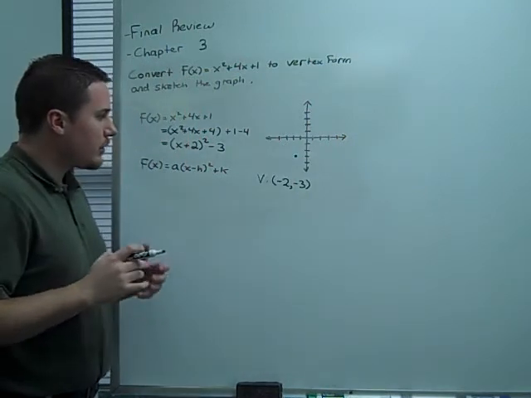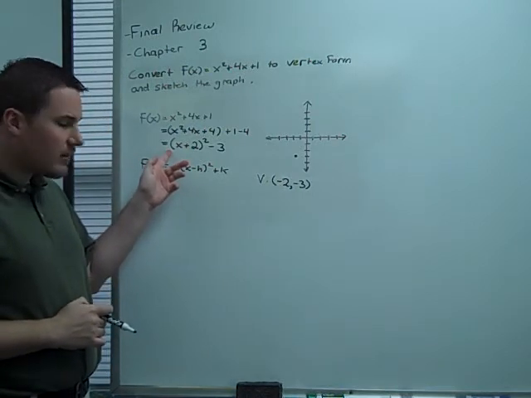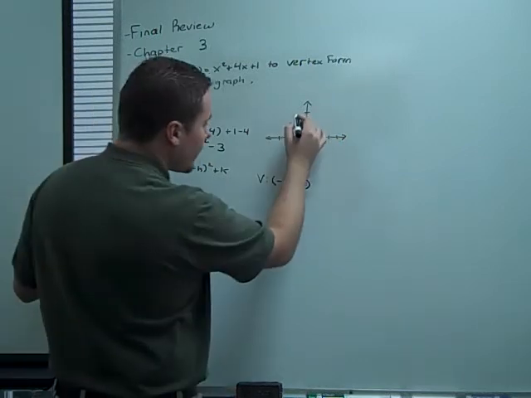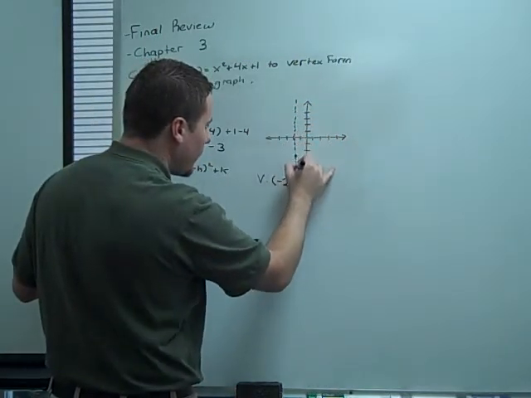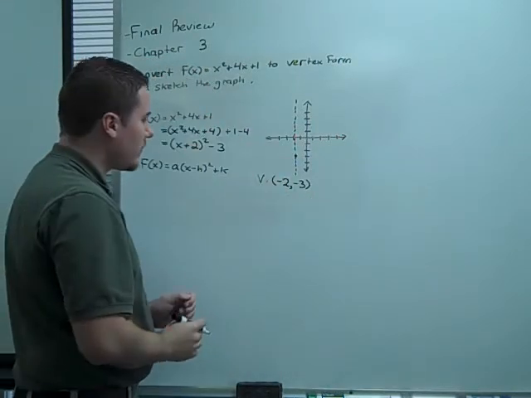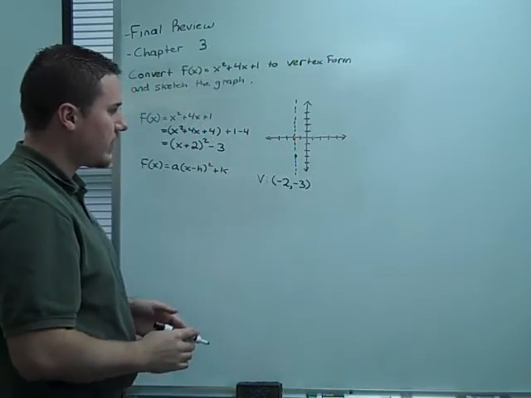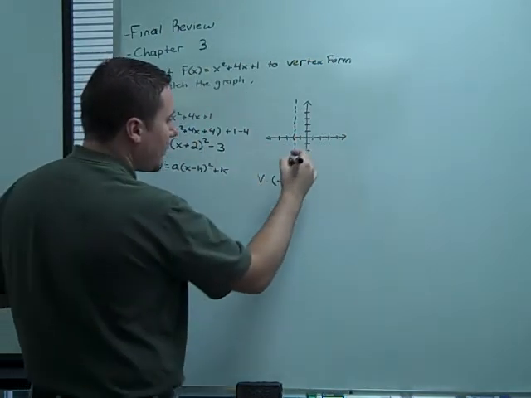Now, parabolas, so long as they don't have that scaling coefficient, are fairly easy to draw. First, I can sketch in my axis of symmetry. Everything will fold around this line. It always occurs at the vertex. Now, for every parabola, you go over 1, up 1.